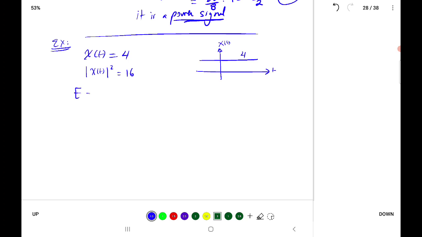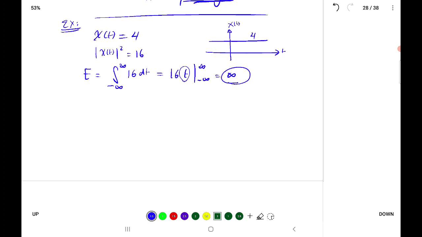To find the energy will be the integration from minus infinity to infinity of x squared, like 16 dt. Obviously that will be infinity, because you'll have, let me make it a little bit clear for you, 16t and t from minus infinity to infinity, so it will be infinity. When you substitute t by infinity, 16 times infinity is infinity. So it's not working. So it's not an energy signal.